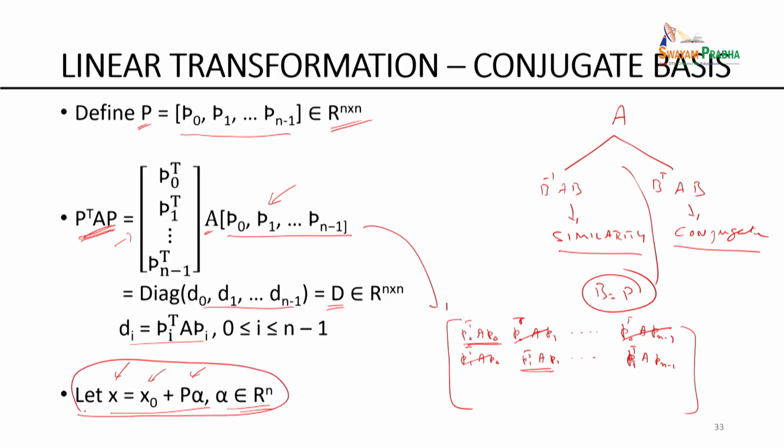Please understand, x minus x 0 is equal to P alpha. x minus x 0 is the original point, and it represents the same point by P alpha. So, alpha are the new coordinates in the basis P. That is the relation between x minus x 0 and P alpha.